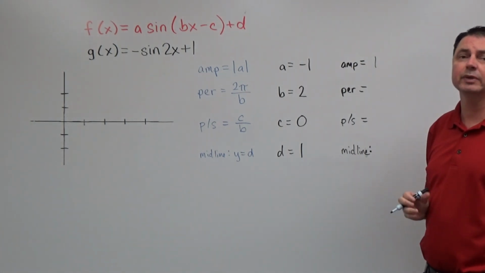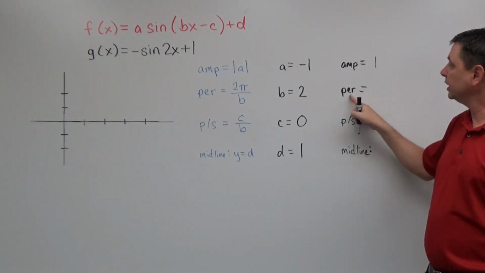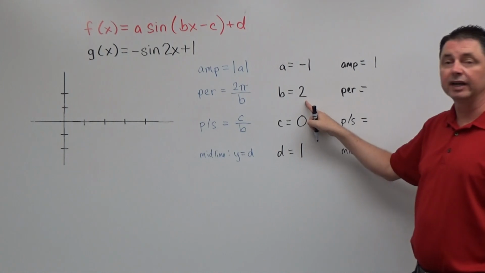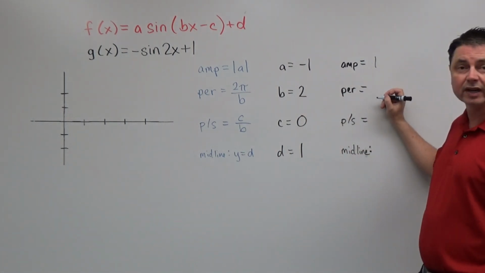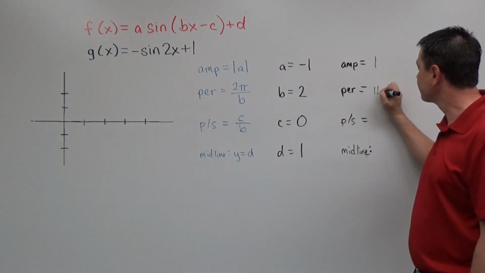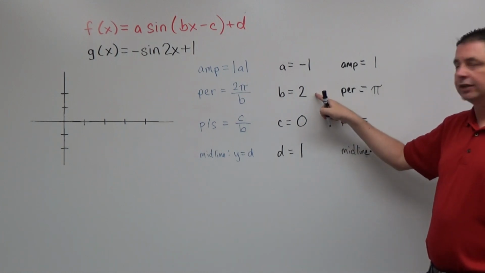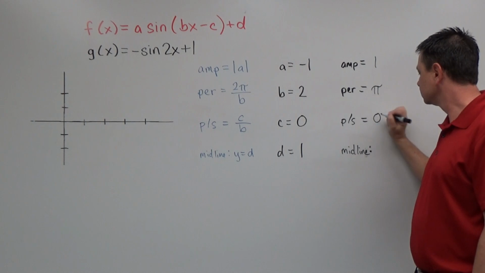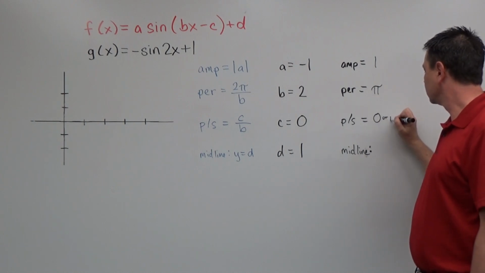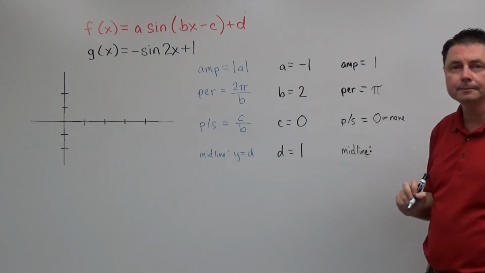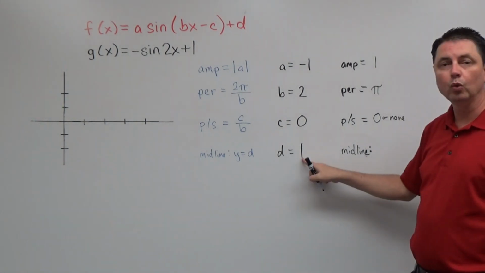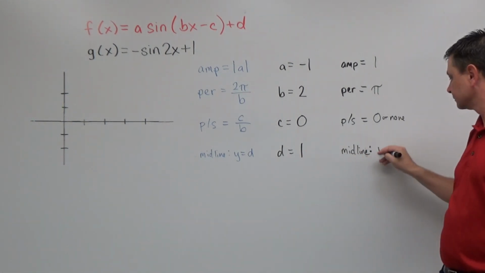Always going to be positive because it's a distance. Period is 2 pi divided by 2. 2 pi divided by 2 is 1 pi. Phase shift is 0 divided by 2, 0 or none. And the midline, y equals 1.